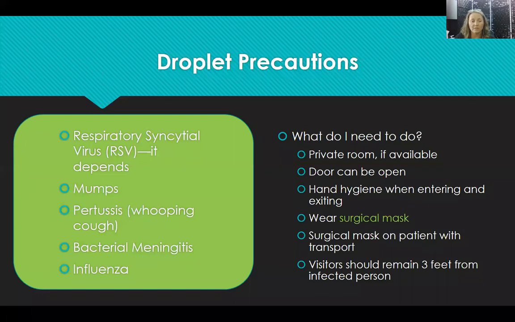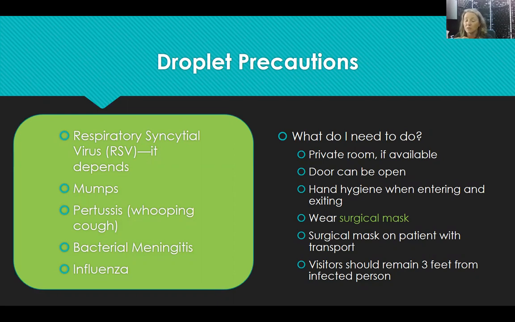With RSV, the reason it depends is because children are not going to cover their mouths like they need to, and kids are nasty and they touch everything and they cough everywhere. So with children in pediatrics, you will see that they will be on droplet precautions due to the high likelihood of coming in contact with oral and nasal secretions.